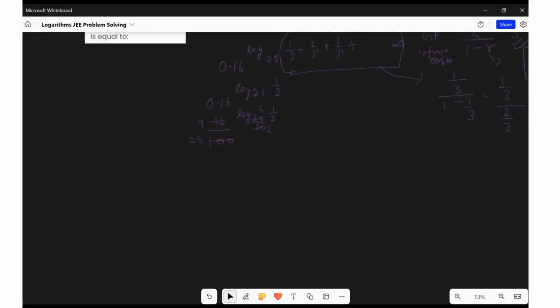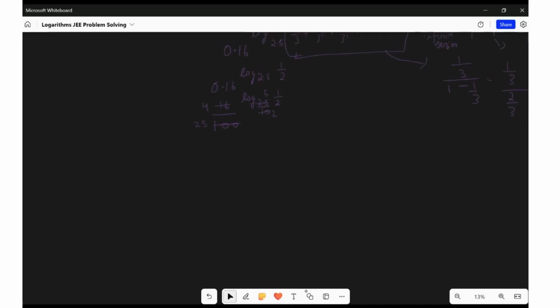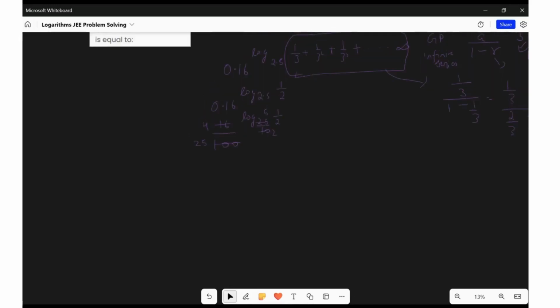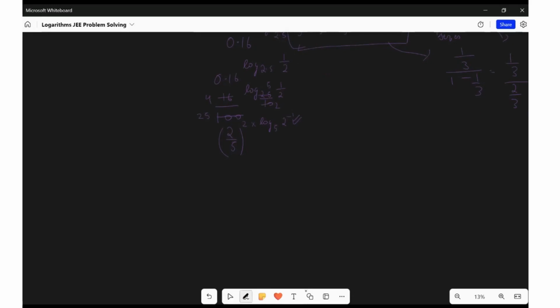Now we can write 4 by 25 as 2 by 5 whole square, into log 2 to the power minus 1 base 5 by 2. Now taking this coefficient, we can take it in the front of log as a coefficient.